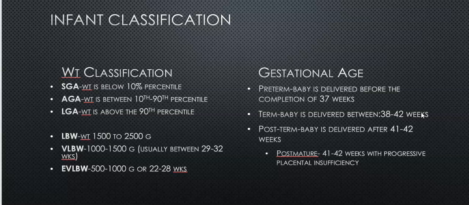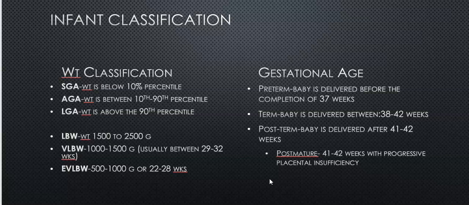We already talked about how we determine if a baby's born term, preterm, or post-dates, but we didn't go into great depth about babies who are post-dates. This is sometimes called post-mature. These are babies that are born after 42 weeks of gestation by textbook definition, who have progressive placental insufficiency.